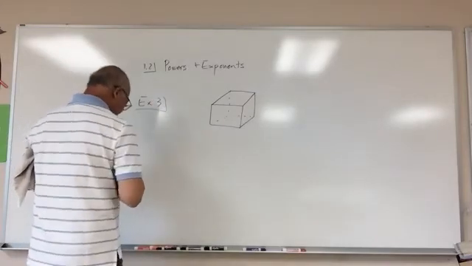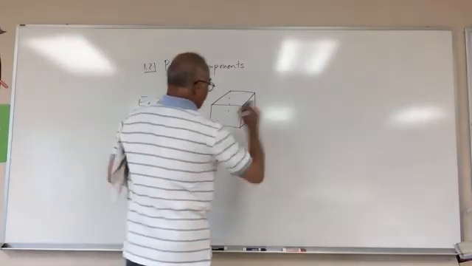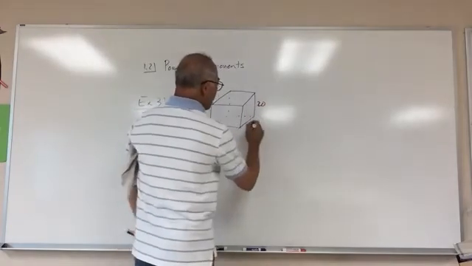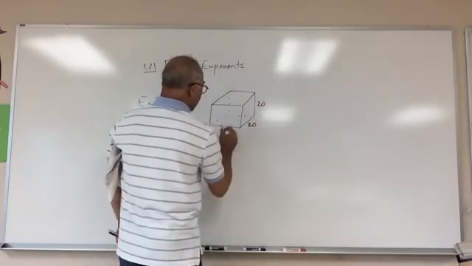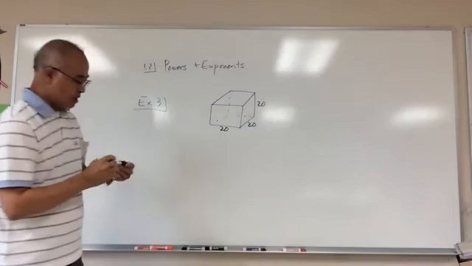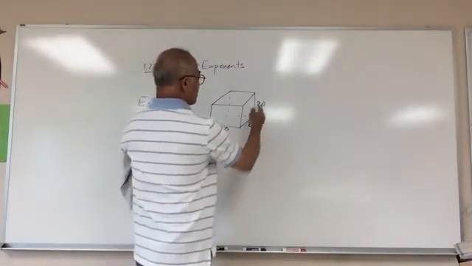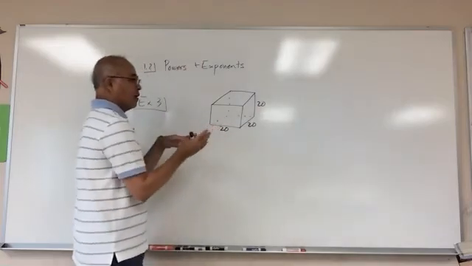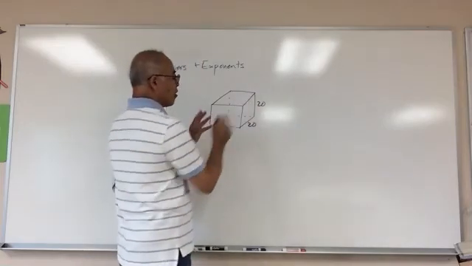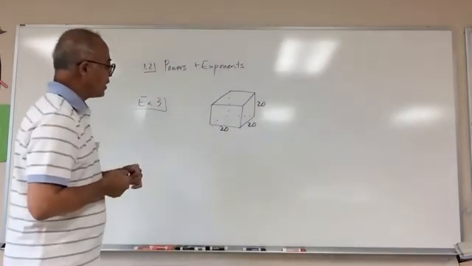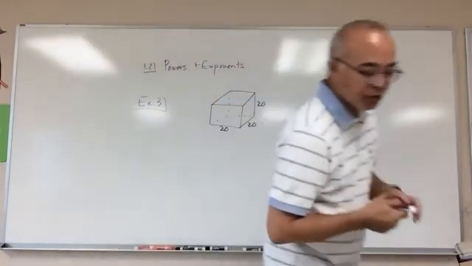It looks like this, and it is 20 inches tall, 20 wide, 20 down here. So this is a cube because all three are the same. The height, the width, and the length are all the same. They're all 20 inches.